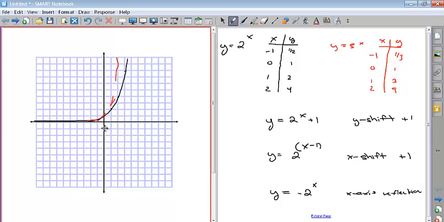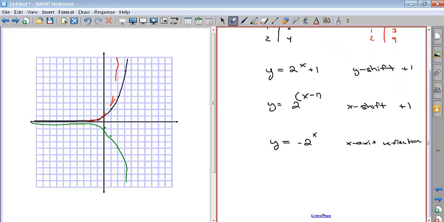You just flip all the points below the x-axis. So it would look something like that. It'd have the same shape, you just go that direction. And then the last transformation is if you had 2 to the minus x. So the exponent is changed. That's a y-axis reflection.